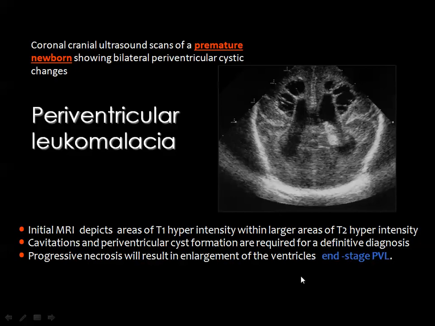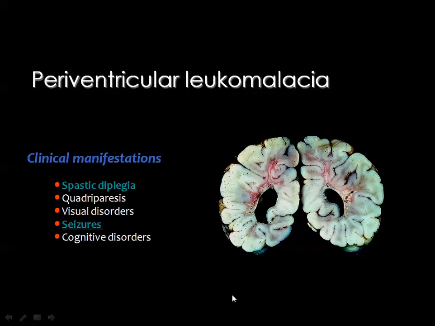In cases of leukomalacia, as I mentioned, there are areas in the white matter intimately related to the ventricle. They are of low signal in the T1 and high signal in the T2 weighted images. And also, transcranial ultrasound is very helpful in detection of the cystic changes in the white matter around the ventricles.